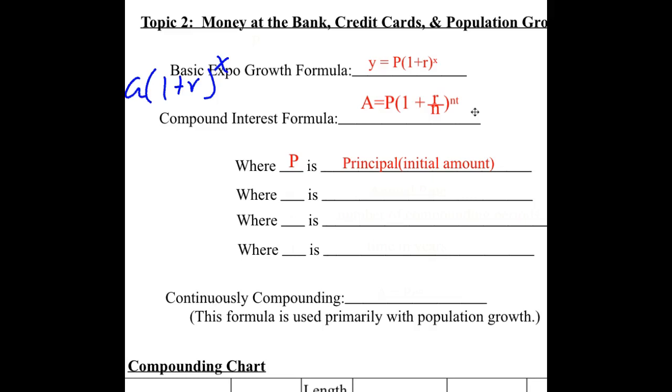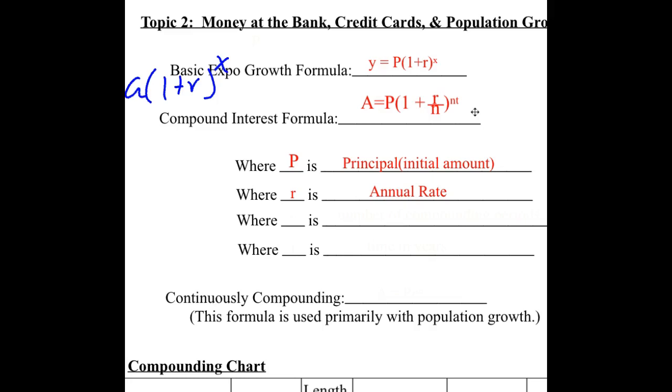Okay. So in this formula, P still is our principal. R, what did we have R standing for? Our rate. Okay. But typically that's just given as an annual rate. And if we have compounding going on, it happens most of the time more than once a year.